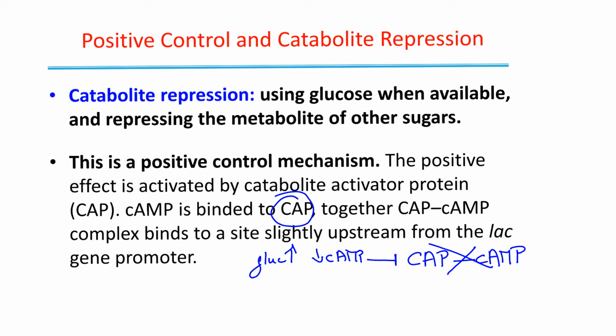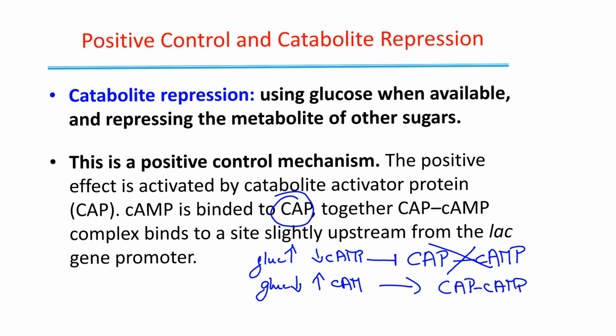However, if glucose levels are low, cyclic AMP is high and CAP can bind with cyclic AMP, and at this point it can interact with DNA at the promoter region, and it can enable efficient binding of RNA polymerase and exert a positive control on operons, including positive control of the lac operon.